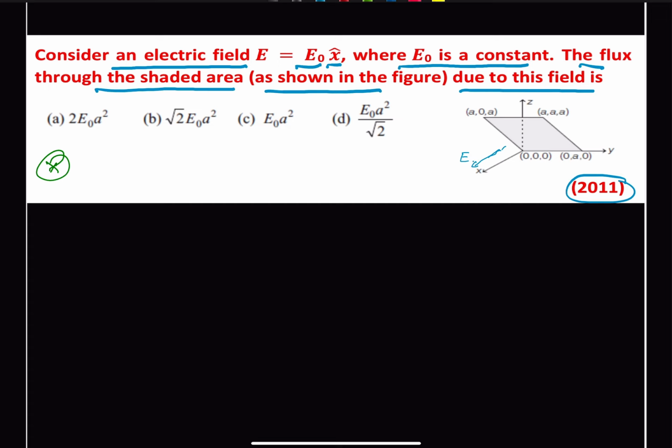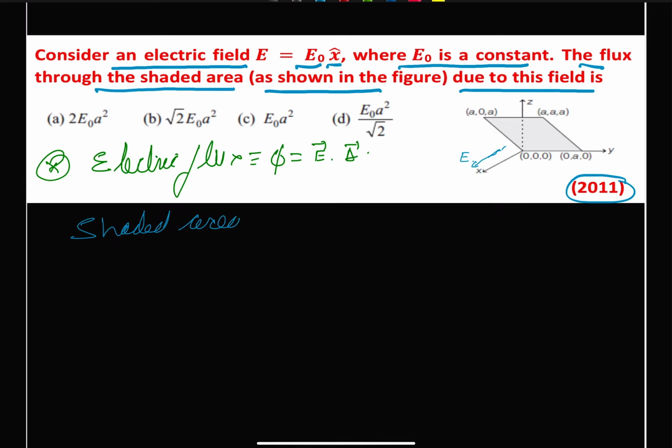We know that our electric flux, that is our phi, is equal to E dot A, and here from the figure we can see that the side of this shaded area is A. Okay, so therefore the shaded area will be equal to A multiplied by A, which is our A square.